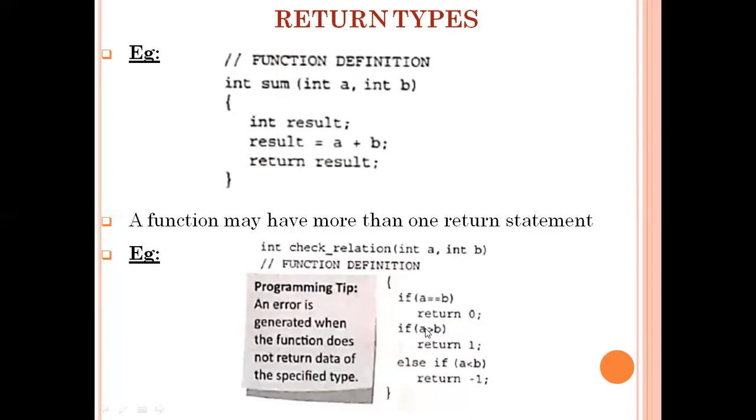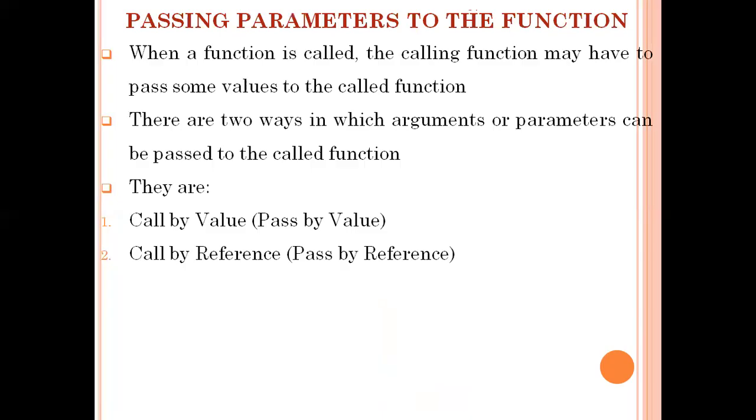Similarly, if a is less than b, then return -1 will be executed. In all three cases, this function returns any one of the three values, either 0 or 1 or -1, depending upon the condition satisfaction. So a function may have more than one return statement.